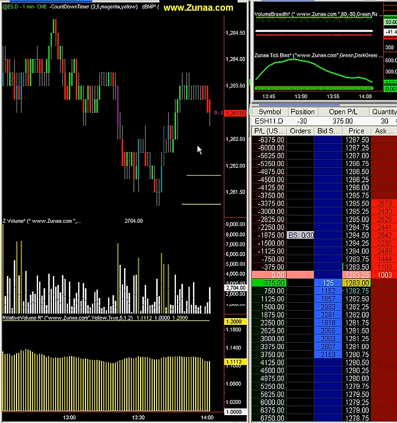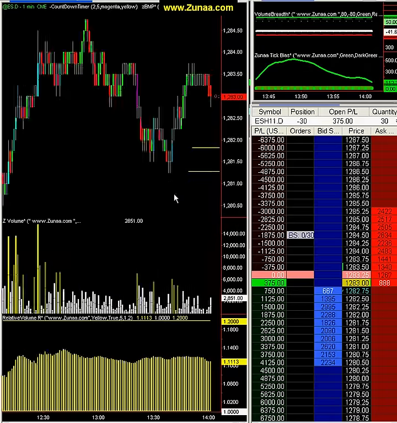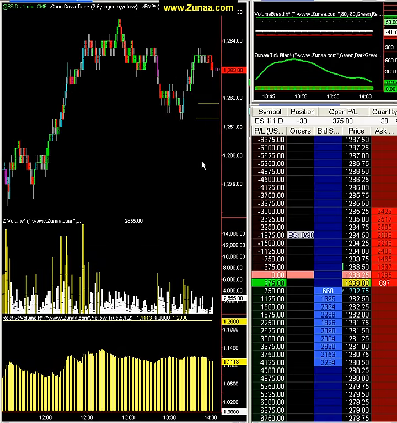At that point, you have an option of moving your stop to entry price, or going into a scratch stop. It's an option that you have.